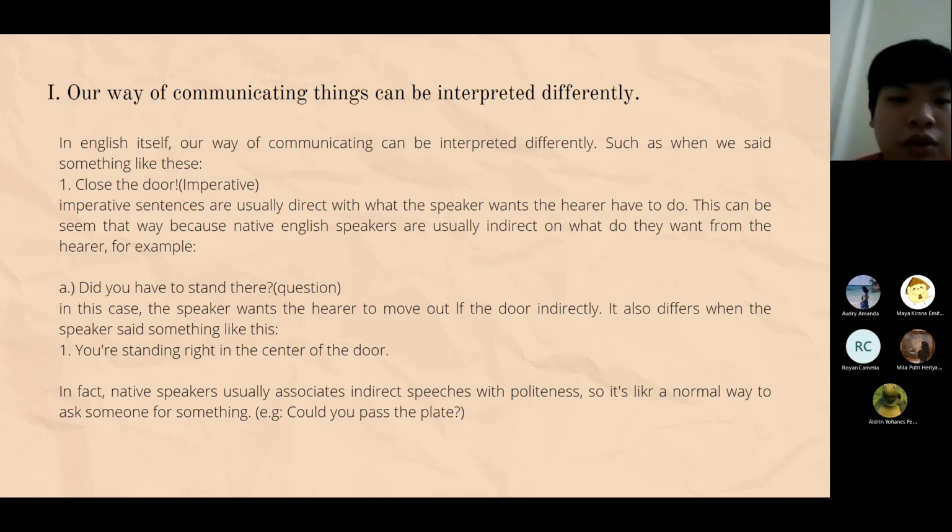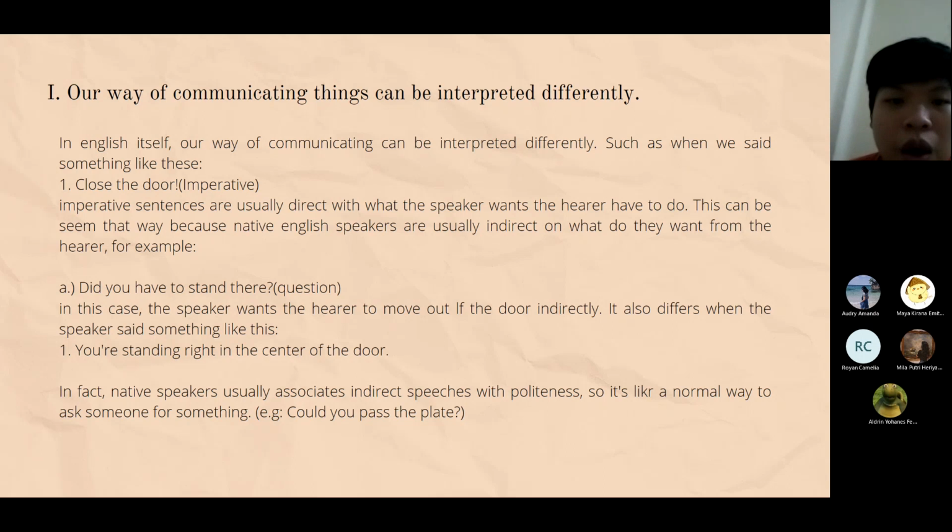For example, the first one here we have, "Did you have to stand there?" Which is a question. In this case, the speaker wants the hearer to move out from the door by saying it indirectly.